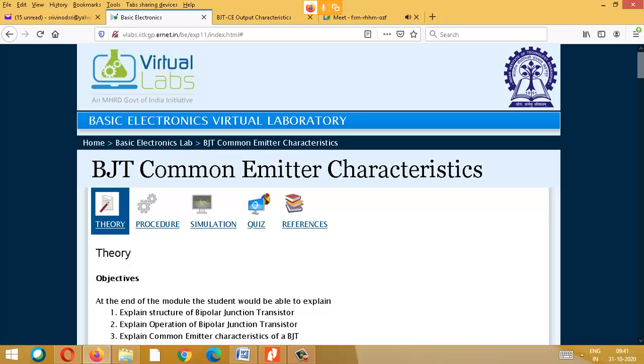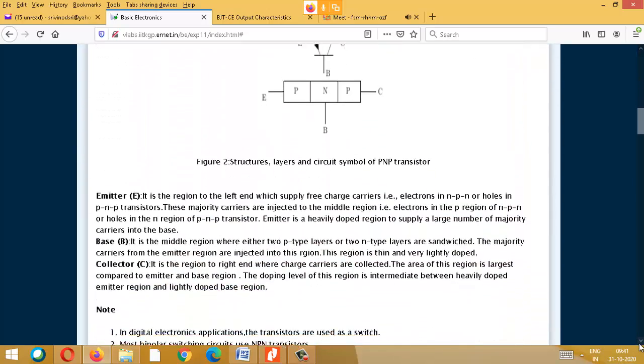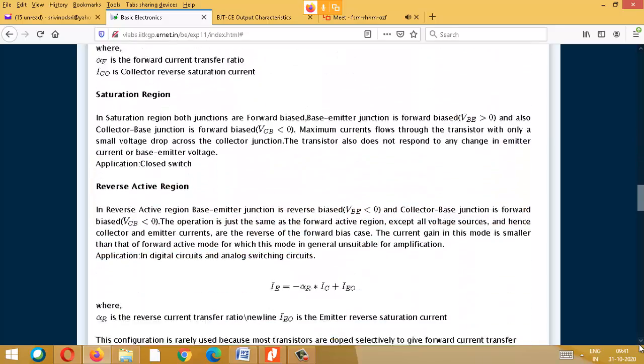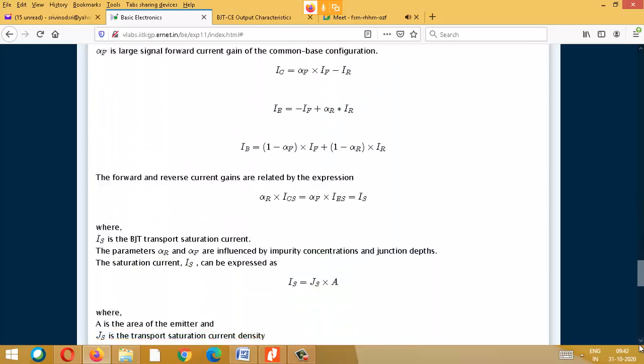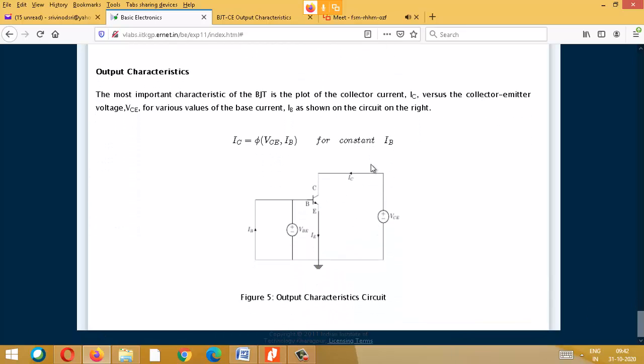Again we will see the output characteristics. So when you want a greater amount of collector current, it purely depends upon base current. Only if you increase the base current can you increase your collector current.